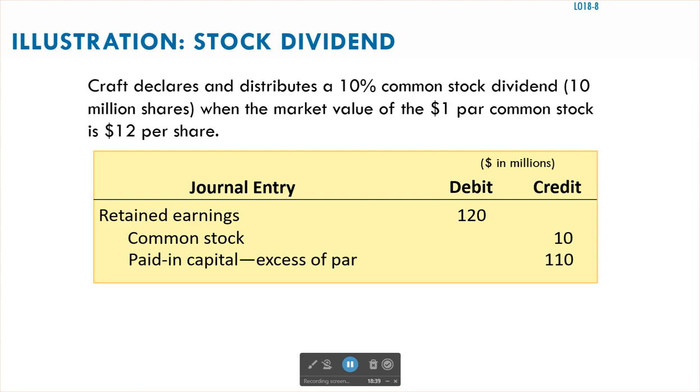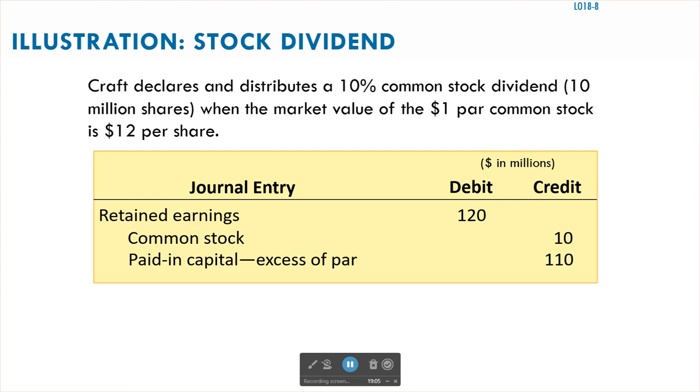Now the interesting thing here is that, let's ignore that 10% and just pretend that it had been a large stock dividend. If this had been a large stock dividend and it had been more than 25% or 25% here, then the way you would have done that is your retained earnings would have been debited not by the 120, but by what?